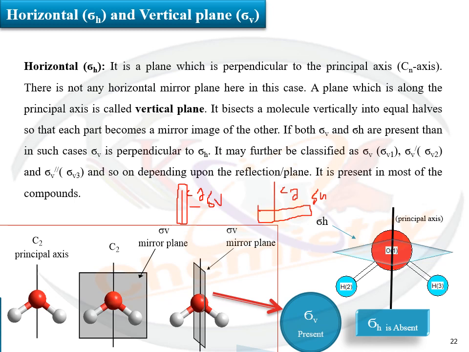If a plane perpendicular to the principal axis cut this oxygen atom, this hydrogen would be reflected upward, and it would be upward in some part of the oxygen, so they will not be mirror images of each other. So sigma h is absent in this molecule.